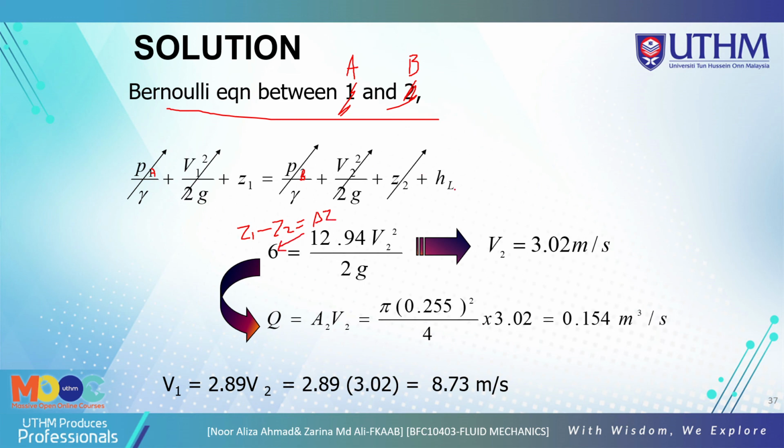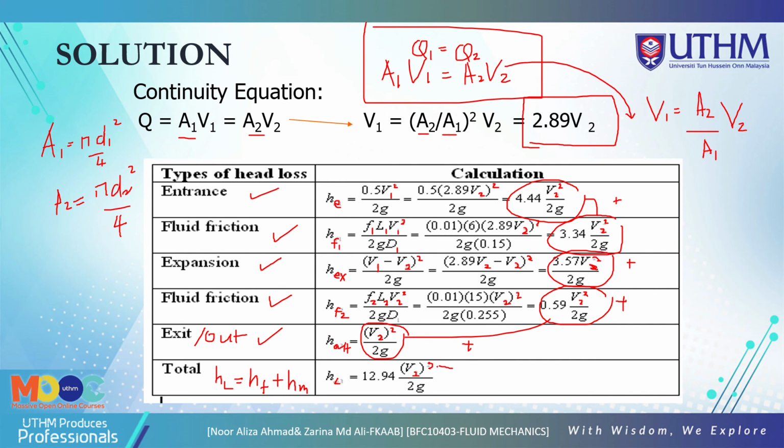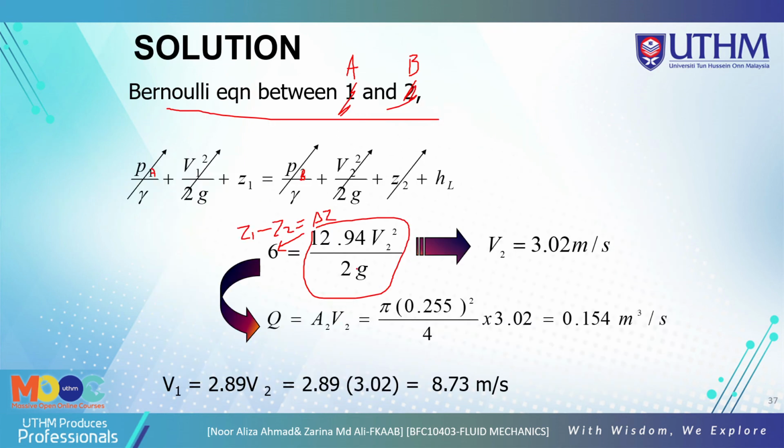And the HL here is based on the total you calculated here. From this you just calculate V2, and you get V2 equal to 3.02 meters per second.